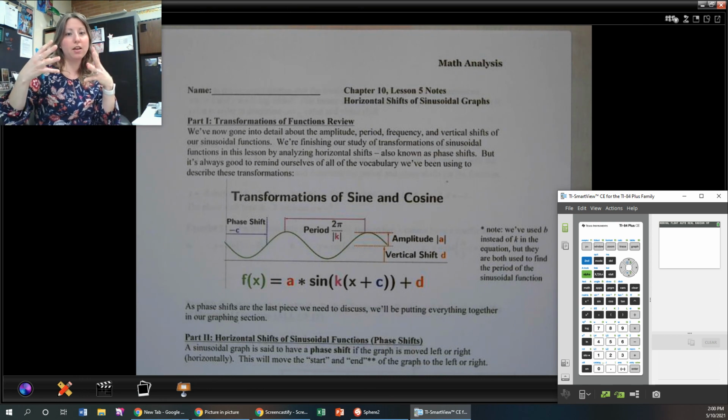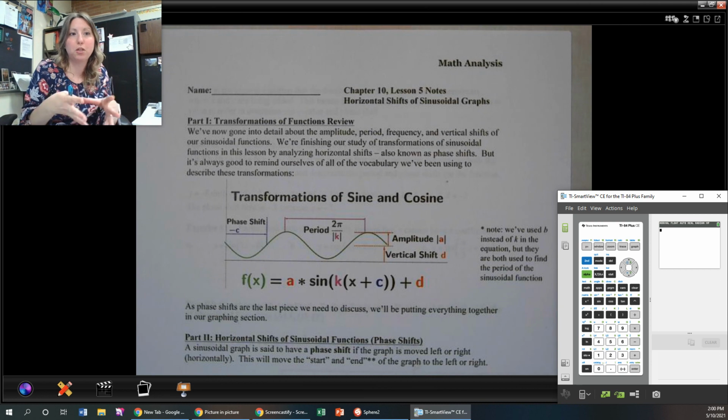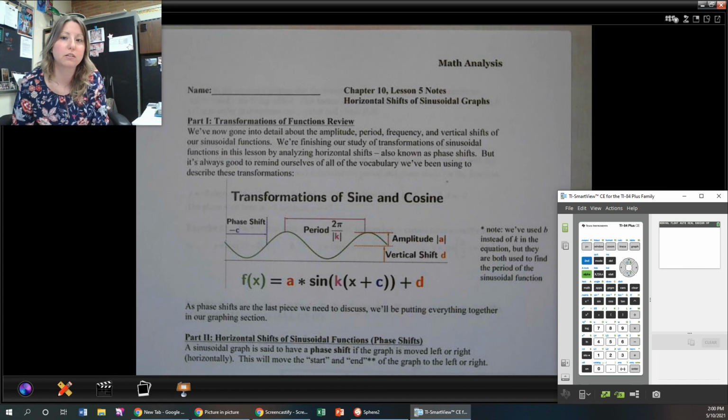So this is the one that throws people the most, the phase shift, because it really is new, but it's still just a left or right movement. We just call it something a little bit different than we used to call it. Before we just called it left and right. Now it's called a phase shift. So we're just going to start and end in different spots and then kind of go backwards to get back to the y-axis.